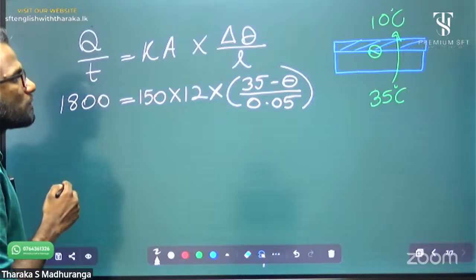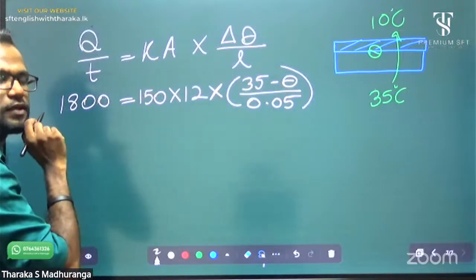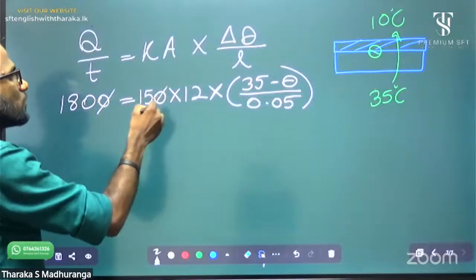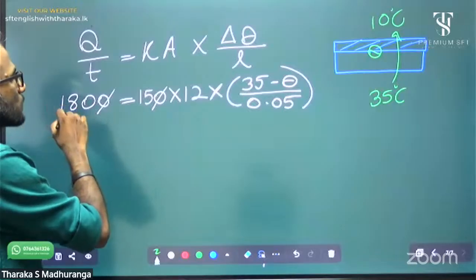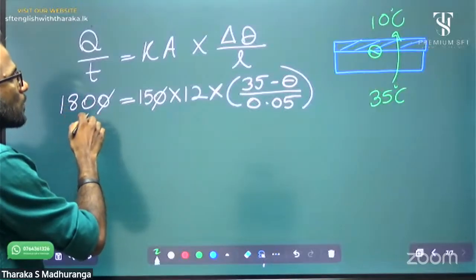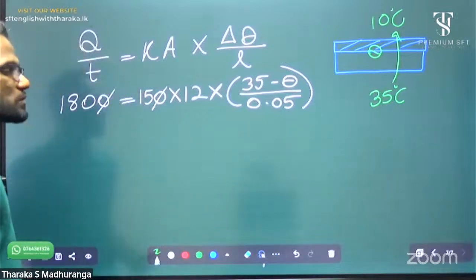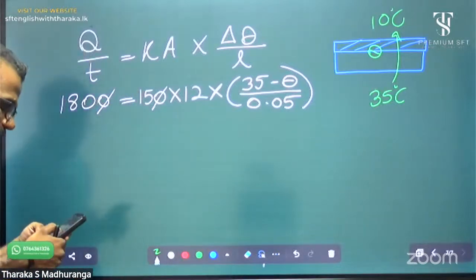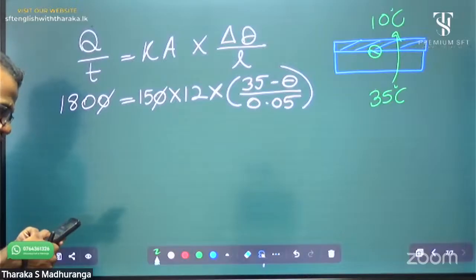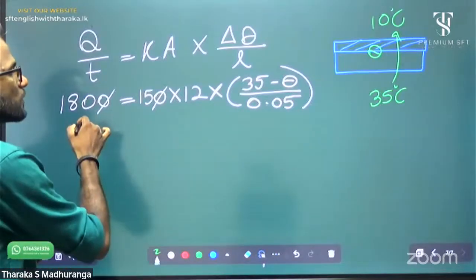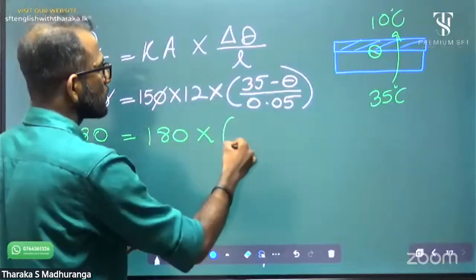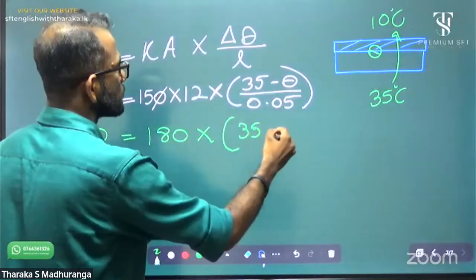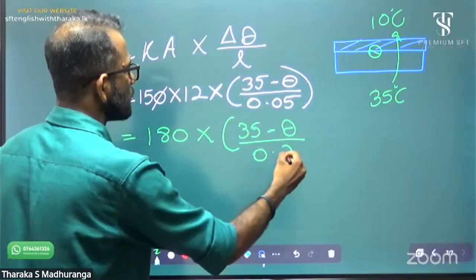Okay. Now you can find the intersurface temperature. 0 to 0 cancel. 15 into 12, 180. 180 into 35 minus theta divided by 0.05.